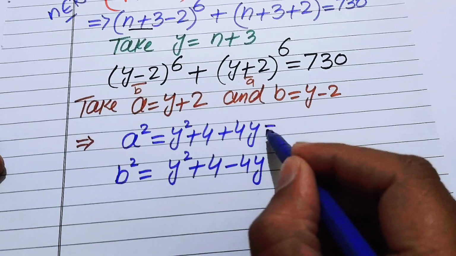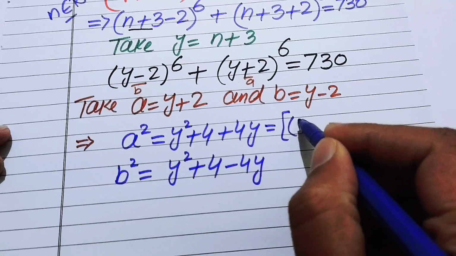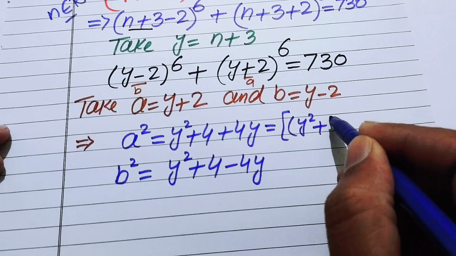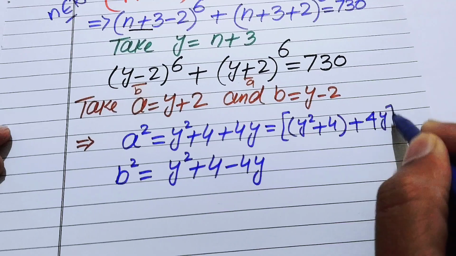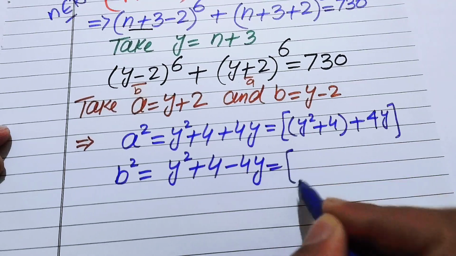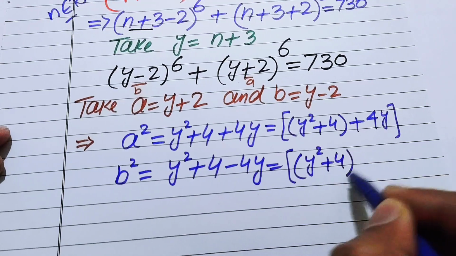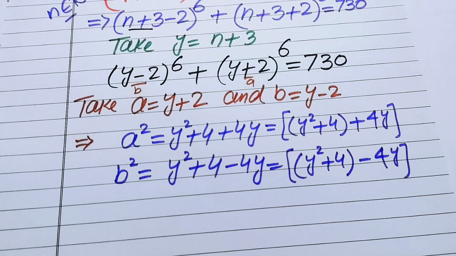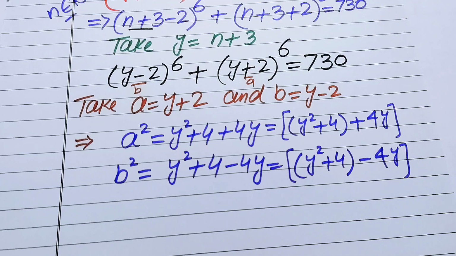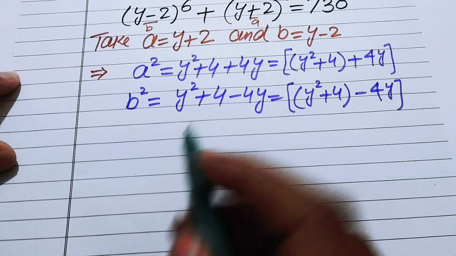Here I can rewrite this term with some brackets: (y squared + 4) + 4y, and similarly (y squared + 4) - 4y. Now in the next step we will add these two terms.